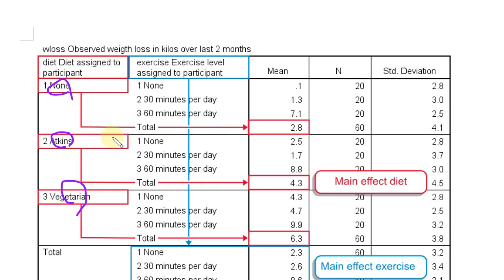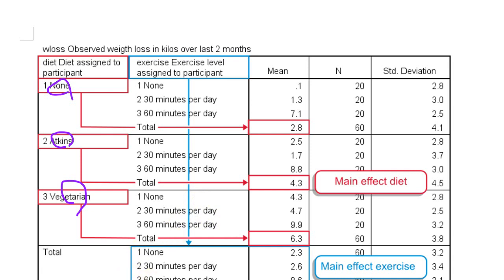This is the main effect of diet, and this is the main effect of exercise, right there. This is the contingency table, which makes it easy for us to understand this data. I believe you might understand this easily, right?